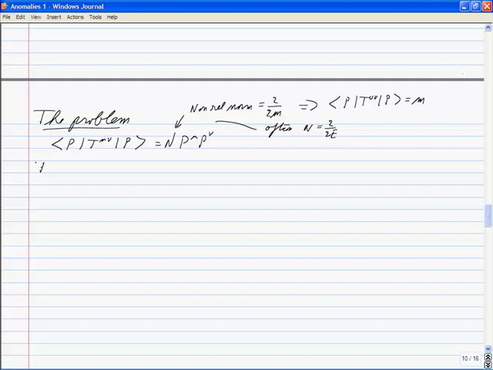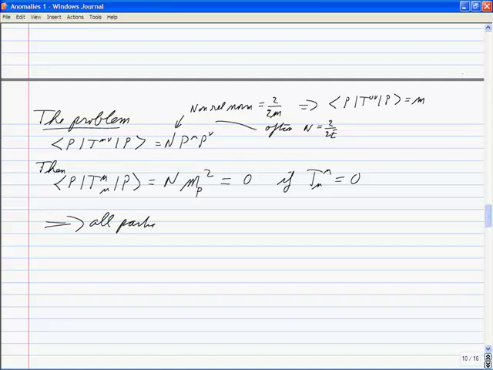Independent of the convention, if I take ⟨p|T^μ_μ|p⟩, that's n times the mass of the particle, which equals 0 if T^μ_μ is equal to 0. So if the trace of the energy momentum tensor is 0, then all particles are massless. So in QCD that would say that the proton is massless.